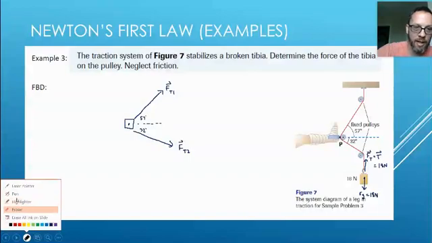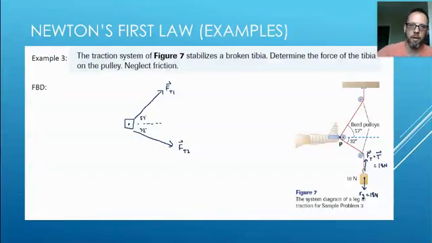And we have the force of the leg on the pulley. So remember, this is just a free body diagram for the pulley, right? It's not a free body diagram for the leg. So we can assume this pulley is very small and actually has really negligible mass. And so what we have is a third force. And it may look like it from the diagram, but the leg isn't horizontal. That leg actually has to be kind of hanging up in the air to be stabilized.